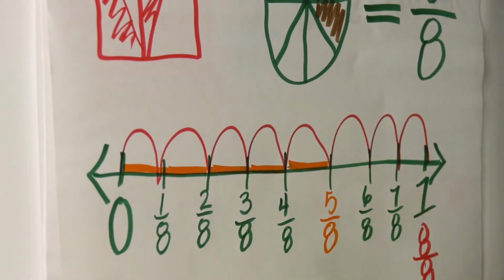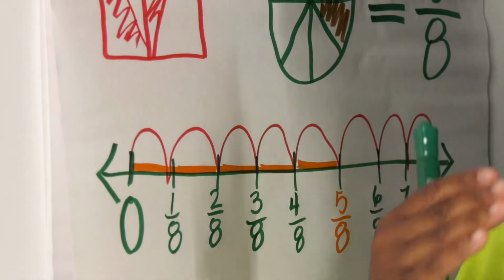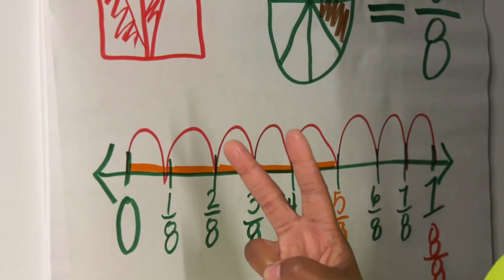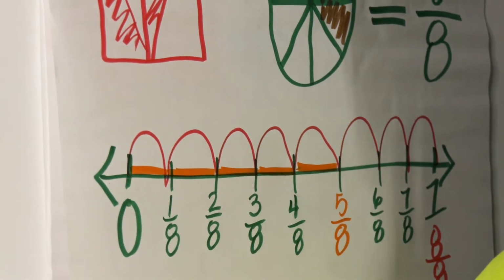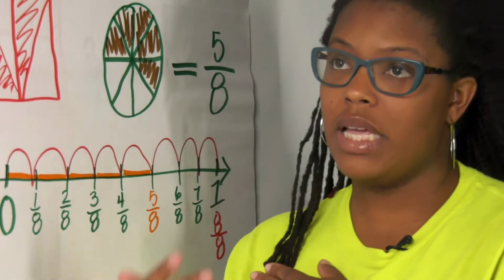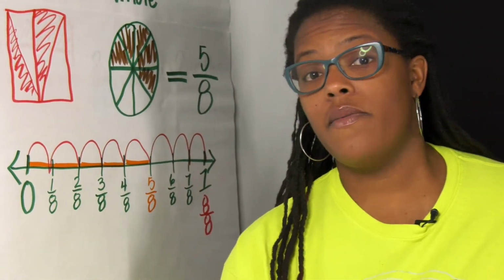Now I want you to think about the number 8. Just like when you're adding, what is half of 8? What two of the same numbers can we put together when adding that give us 8? That is 4.